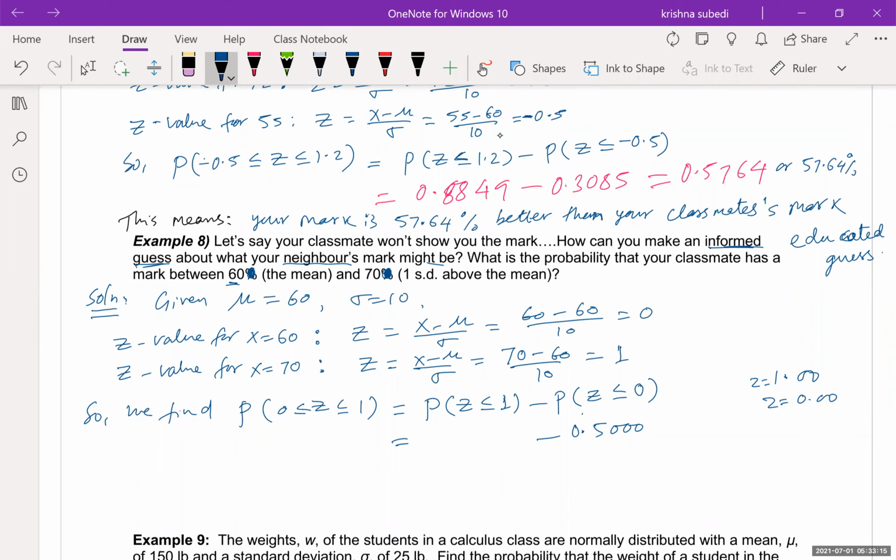And now I want your help. What is the value for Z equals 1? And you guys already replied there. 0.3413.